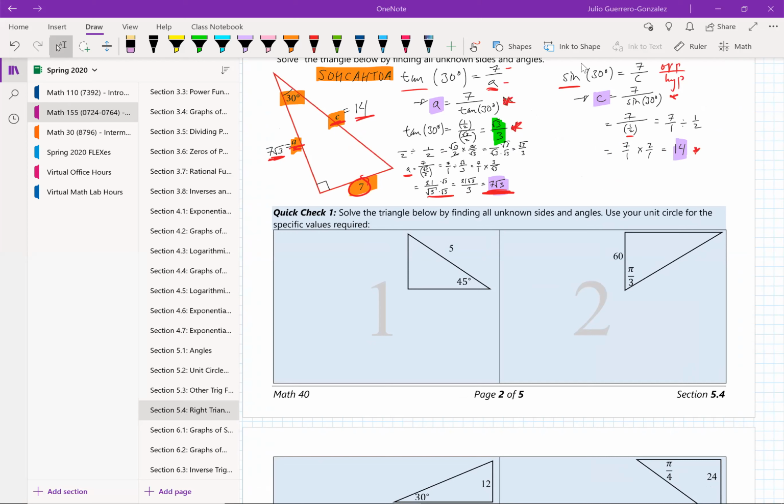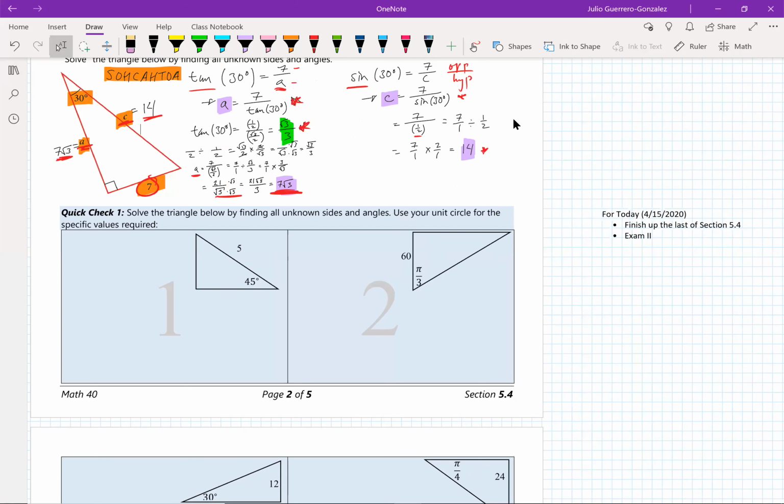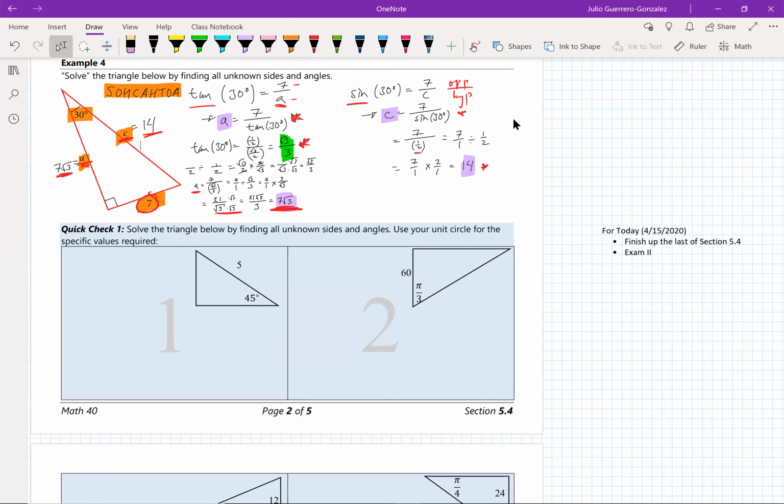How many people are left outside? There we go. Okay. How'd you find that? Easy stuff. So notice all it is, right? All that we've been doing for everything right now has been that SOHCAHTOA.